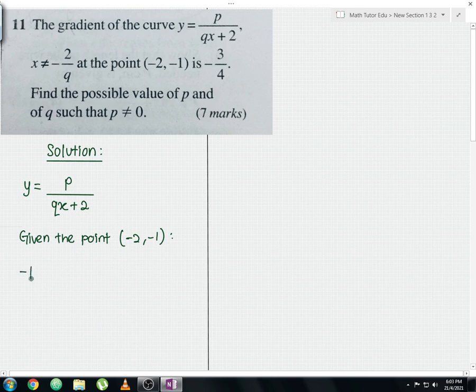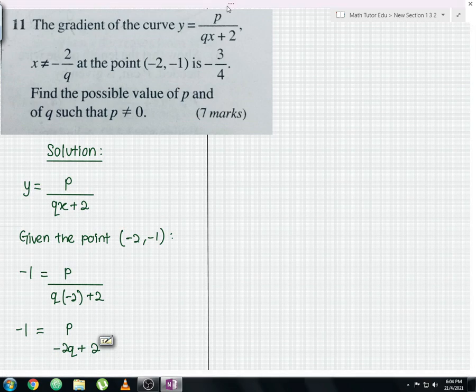So from here negative 1 will be equal to p over q in a bracket negative 2 plus 2. Let me underline the fraction. So your next step will be negative 1 is equal to p over negative 2q plus 2. Okay, so this will be your second step.